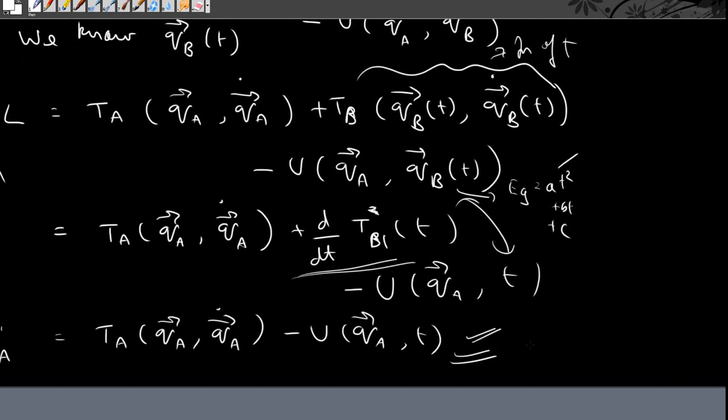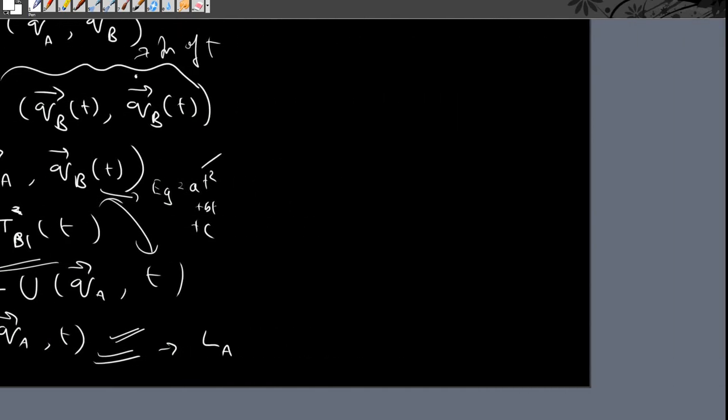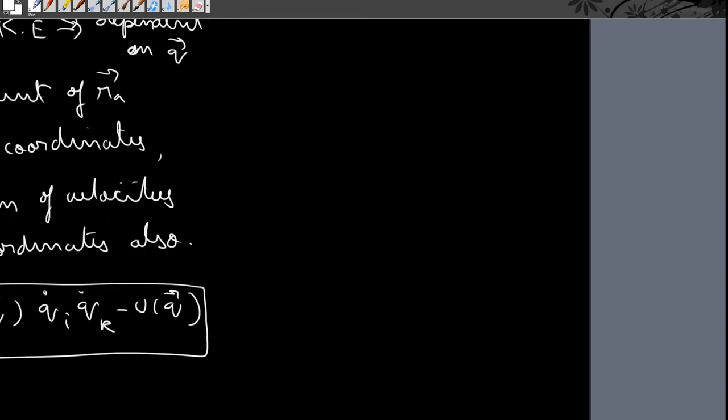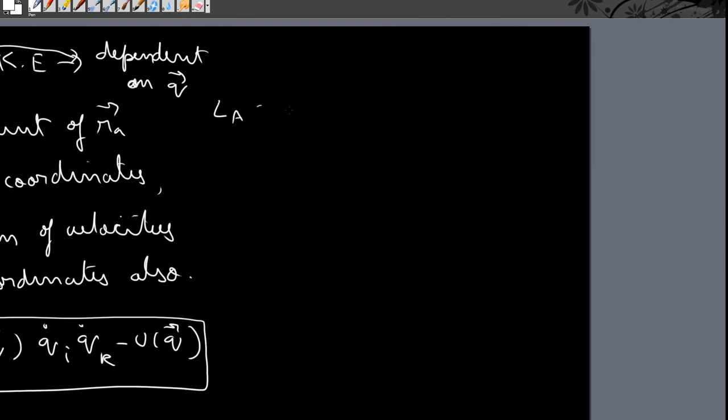So we can call this LA. Therefore we have LA is the kinetic energy which depends on QA and QA dot, minus U of QA and t.